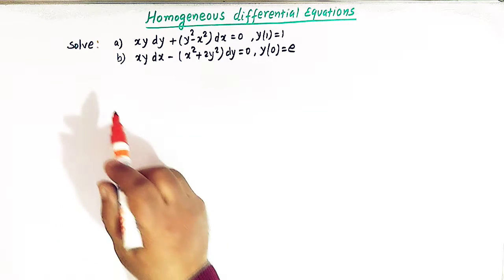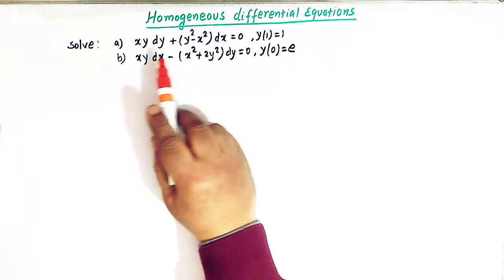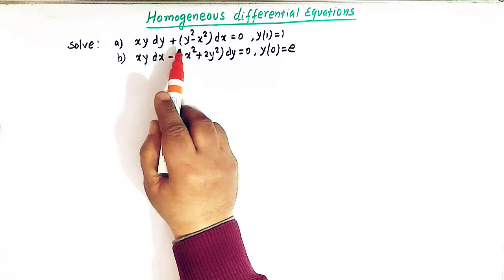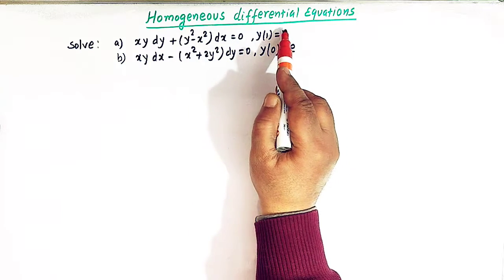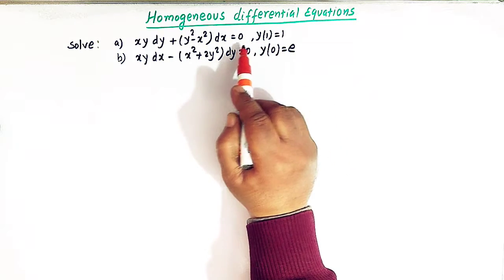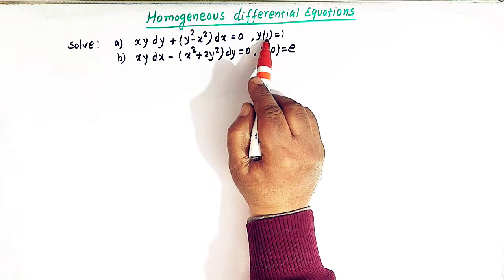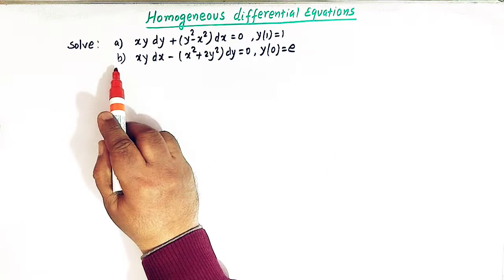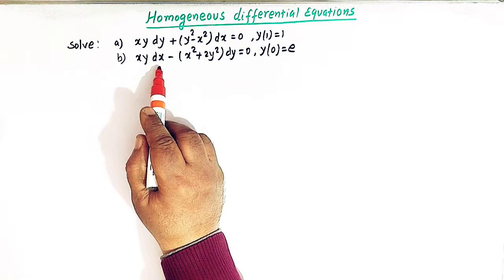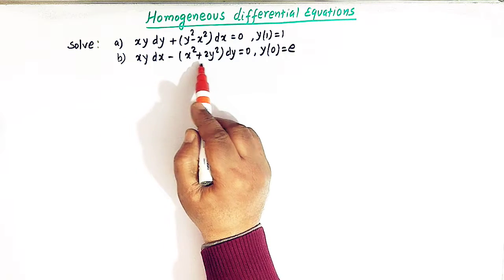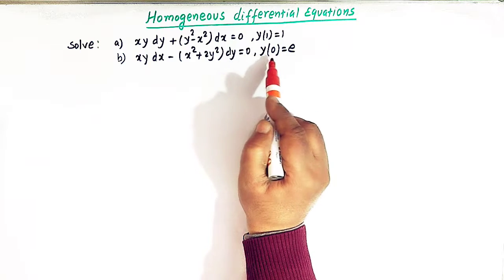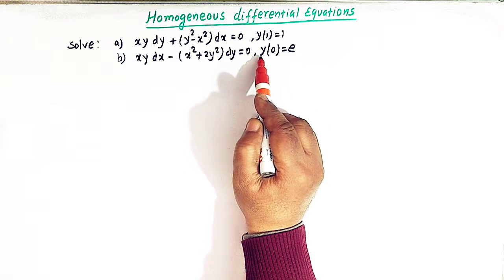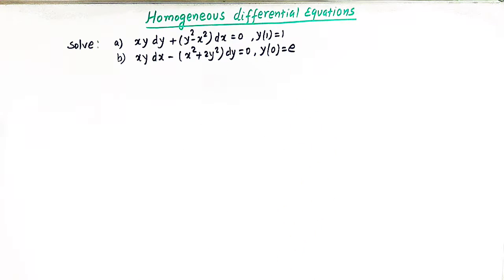So in the first equation we have the equation xy dy plus (y square minus x square) dx is equal to 0, and here we are also given the boundary condition, that is, when x is 1, y is 1. In the second equation, we have xy dx minus (x square plus 2y square) dy is equal to 0. And the boundary condition is when x is 0, the value of y is e.